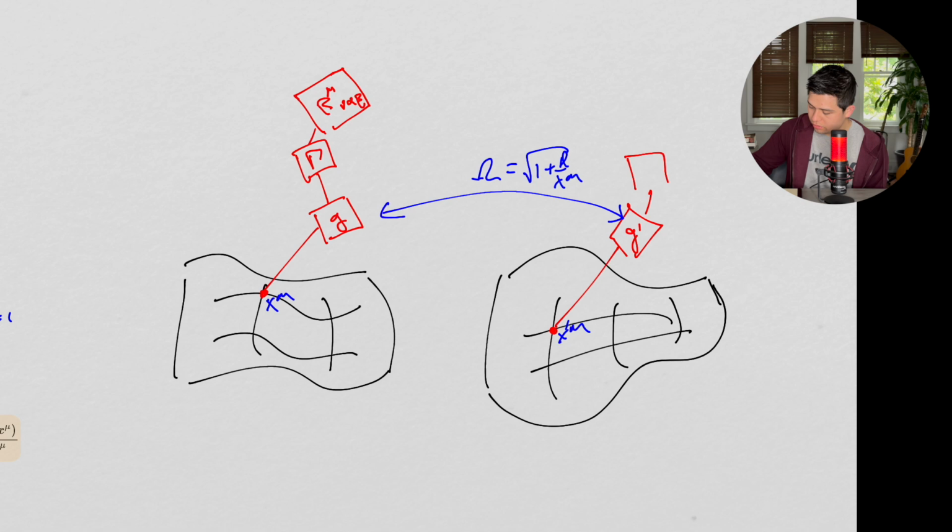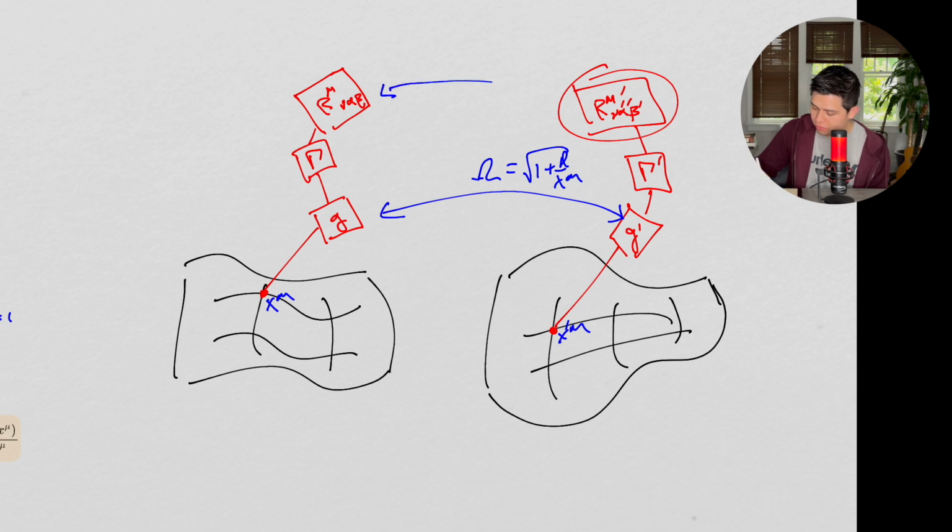Here we're going to have a newly transformed gamma, also our Christoffel symbols. Here we're going to have our R, mu, nu, gamma, alpha, beta. This is prime, however. And this is our conformally transformed Riemann tensor. So what is the transformation rule from there to there in terms of our omegas?